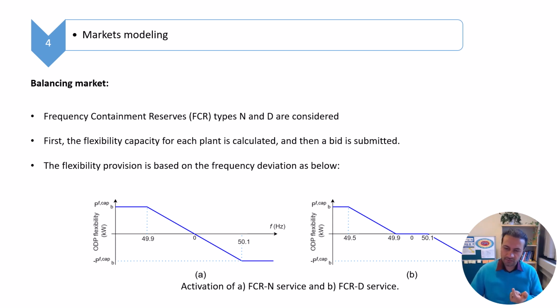So we don't activate flexibility as long as the deviation in the frequency is within 0.1 hertz. But when it gets greater than 0.1 hertz, then we would react accordingly. So we are simulating this market too, and also how, as a service inside the platform, to react to the frequency deviations.